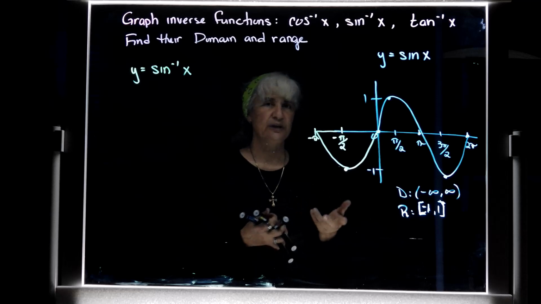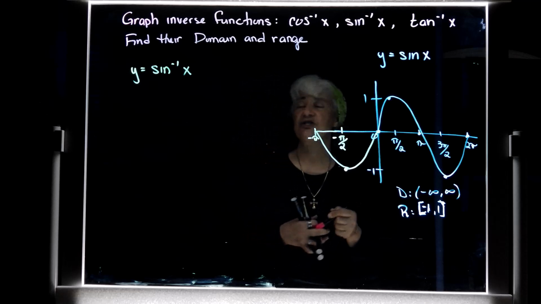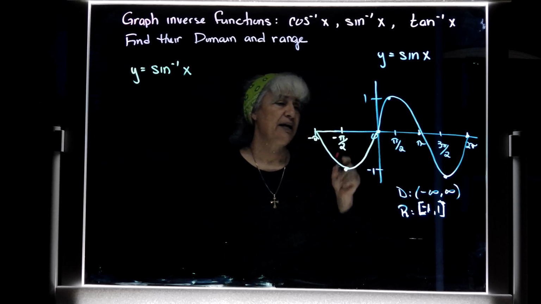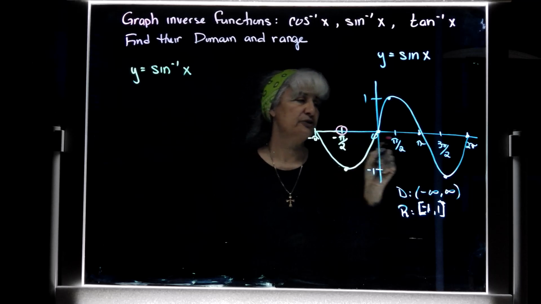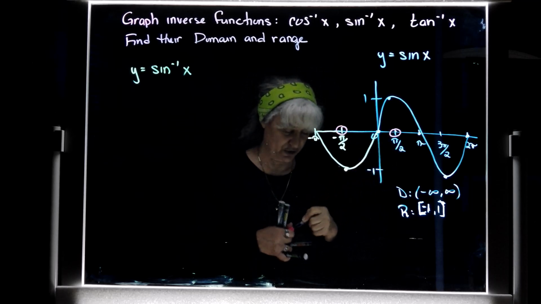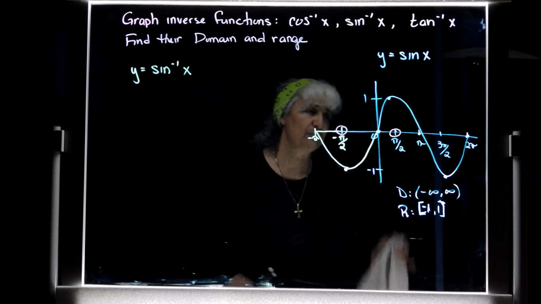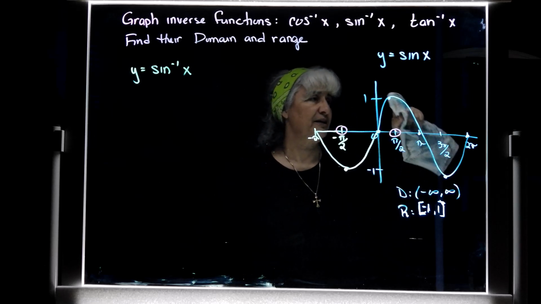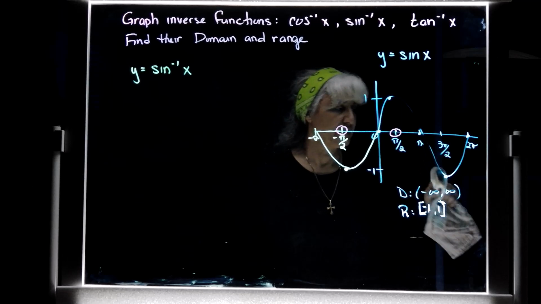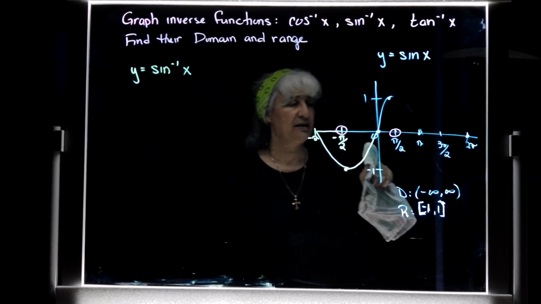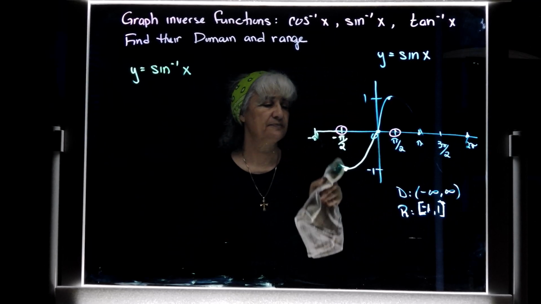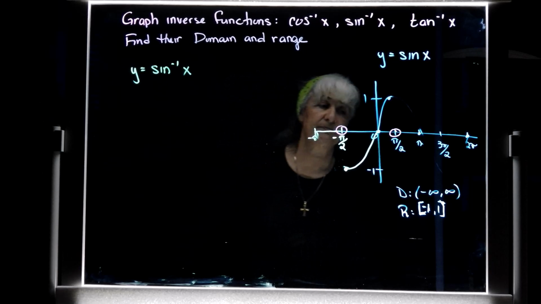So you're like, well, how do we limit the domain to make it a one-to-one function? Here's how we're going to do that. If I look at negative pi over 2 to positive pi over 2, and I erase everything else, this will make it a one-to-one function, won't it?